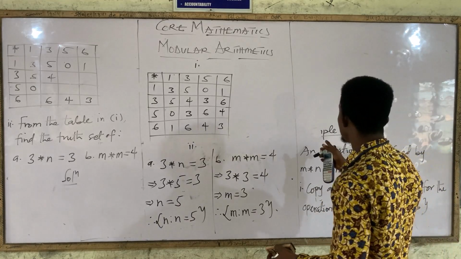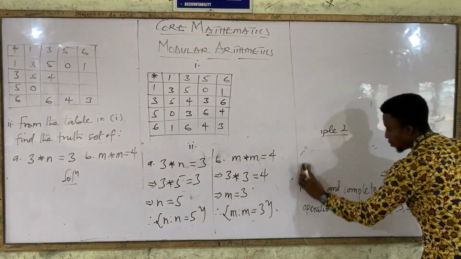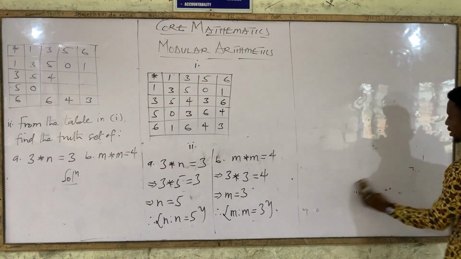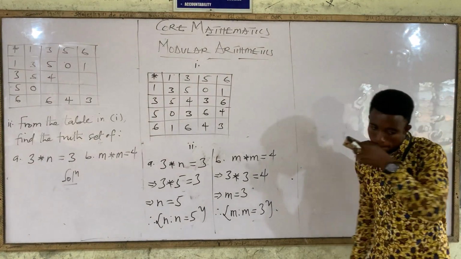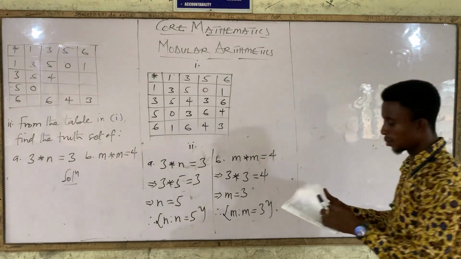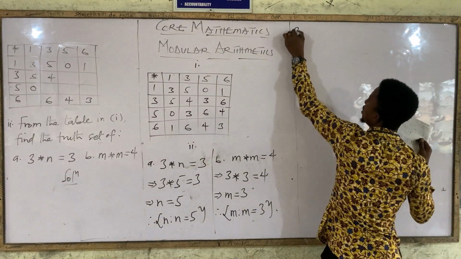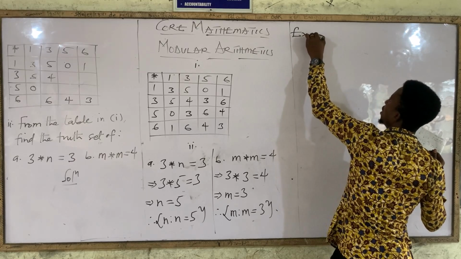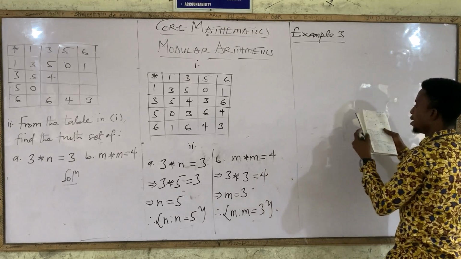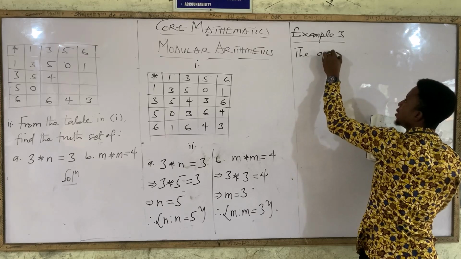Example number, is it number 2? Yeah. So can we now move to example number 3? Let's move on to example number 3. Example number 3 also says that operation.